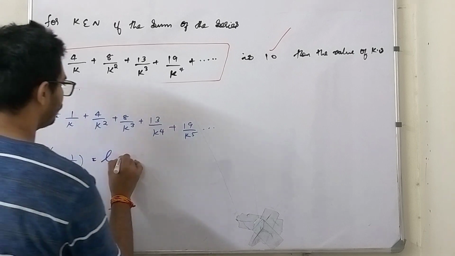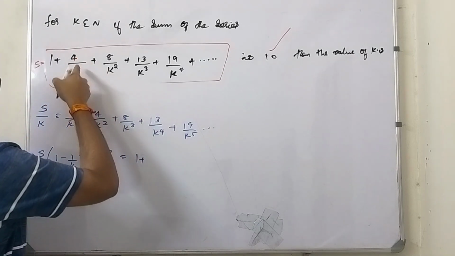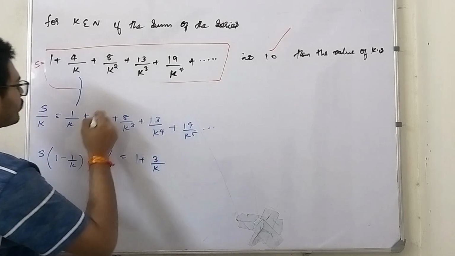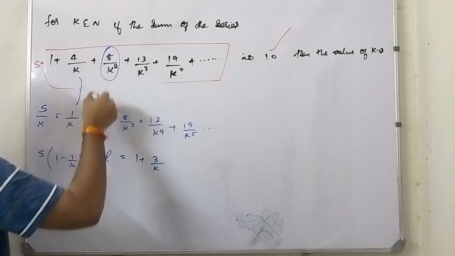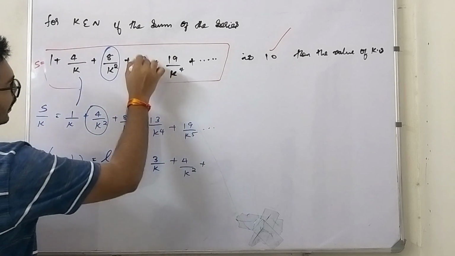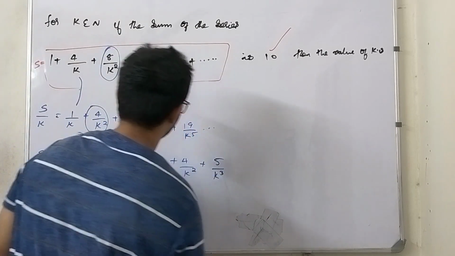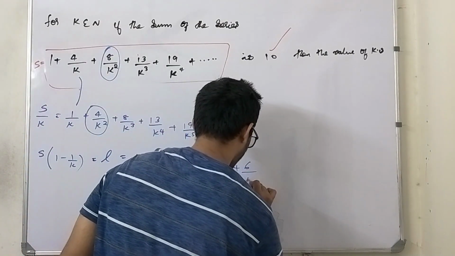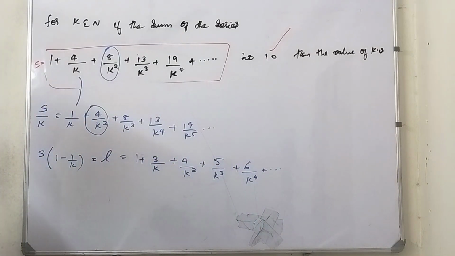L equals, if I subtract, 1 plus 4 by k minus 1 by k, it will be 3 by k. Then 8 by k square minus 4 by k square, it will be 4 by k square, plus 13 by k cube minus 8 by k cube, it will be 5 divided by k cube, and again 19 minus 13, it will be 6 divided by k raised to 4, and it will be continuing till infinity.